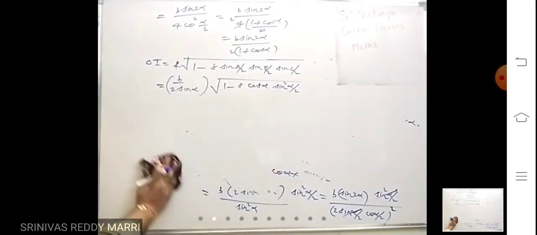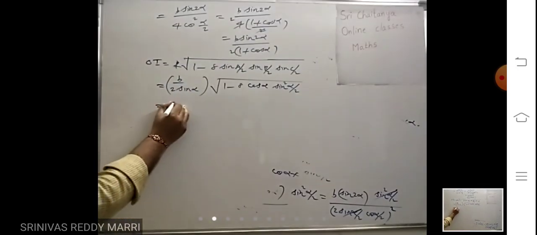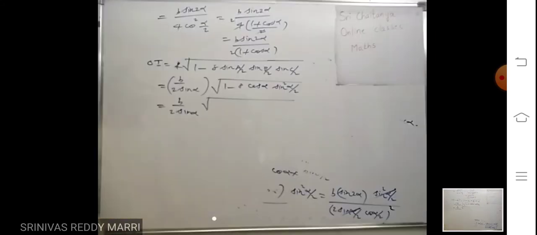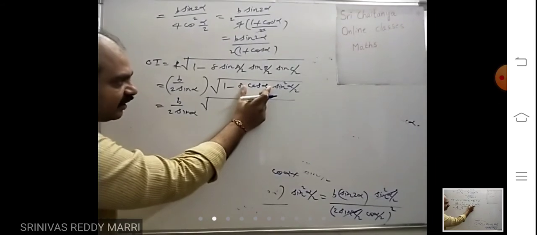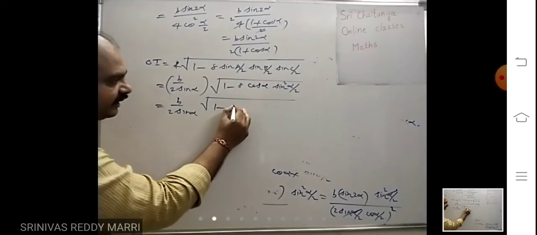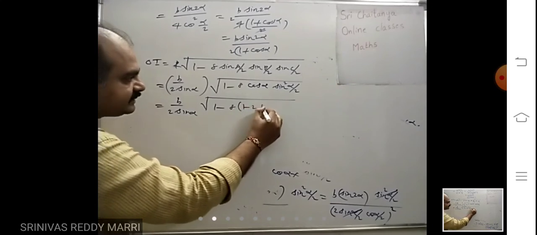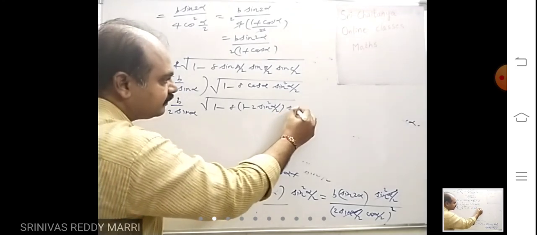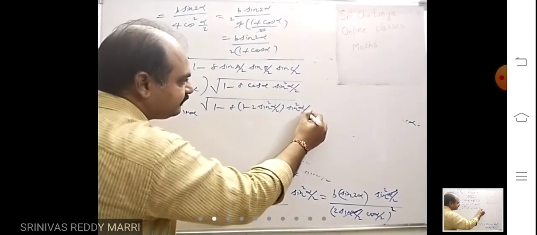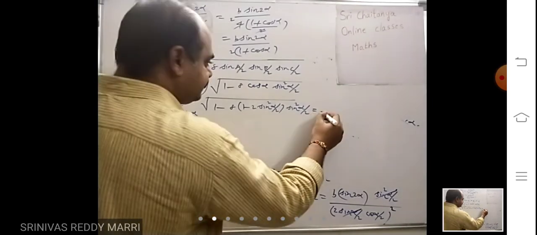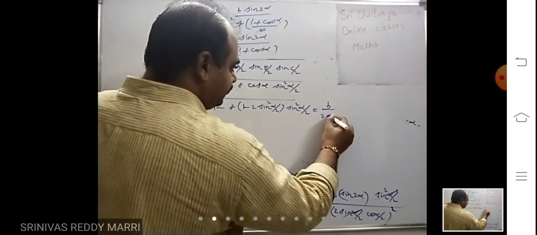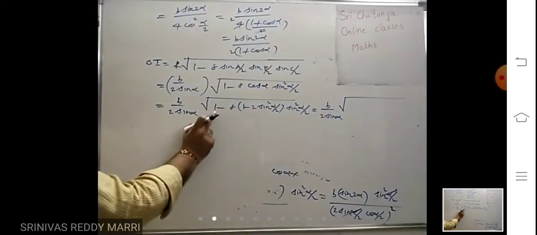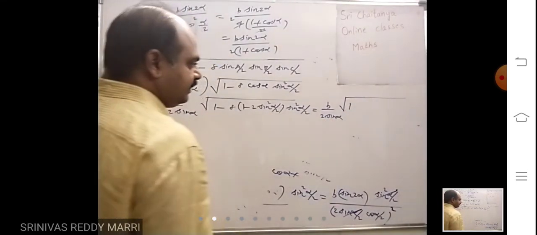So this one I have to further simplify. Look at b by 2 sine alpha. How I am simplifying? Root of, now this cos alpha I am writing. In half angle, I am writing 2 sine square alpha by 2 into sine square alpha by 2. So b divided by 2 sine alpha into root of, I am multiplying, this is 1, right?